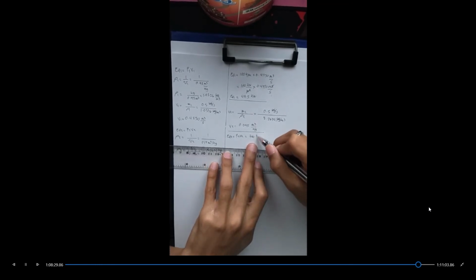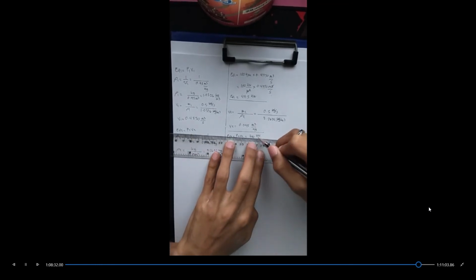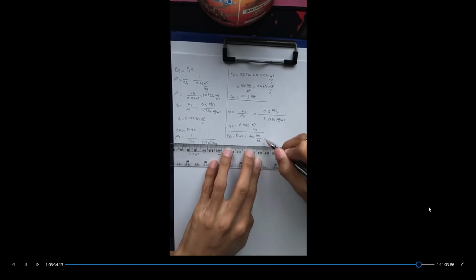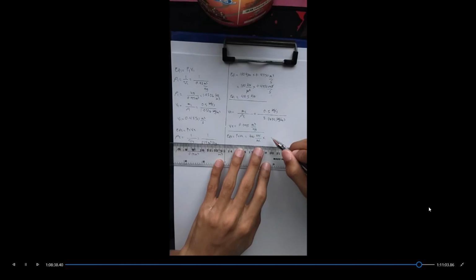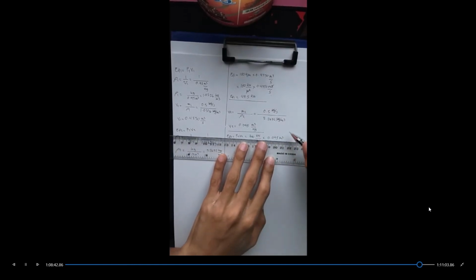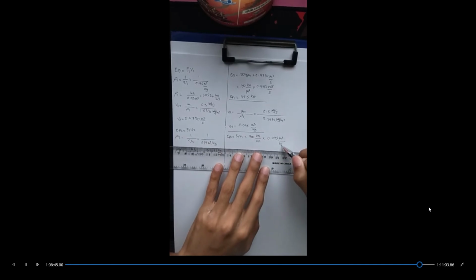I'm just gonna input directly kilonewton per meter squared for kilopascal, and multiply this one by my volume 2, which is 0.095 meter cube per kilogram. I mean, not meter cube per kilogram, but meter cube per second. I'm so sorry about that, because we are canceling kilogram and kilogram, so meter cube will flip to the numerator, so meter cube per second.